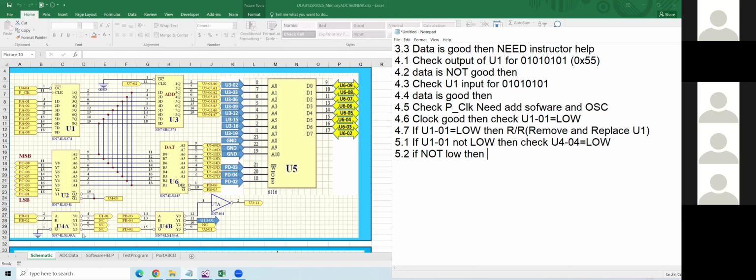Correct. You check U4 pin 2, U4 pin 3 low, and also U4 pin 1.